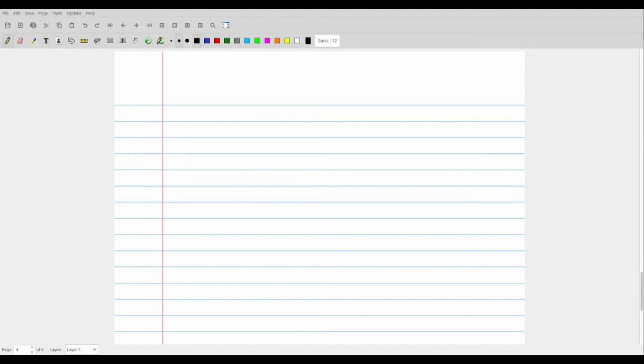So we'll start with level curves, and these are defined for functions of two variables.